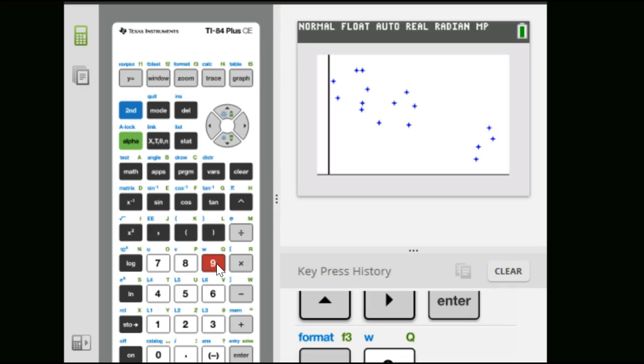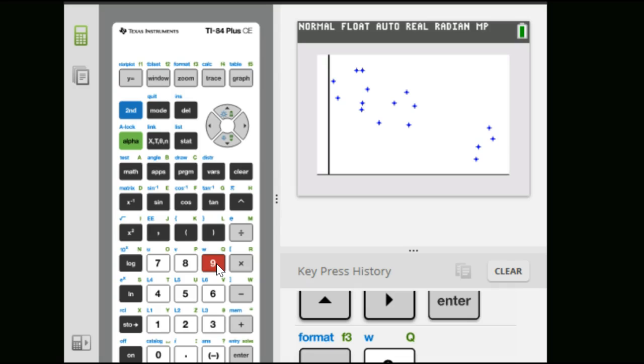There's no reason for me to think that these cars are not independent of one another in any way, shape, or form. So I think we've got linearity and independence. We have random as well. We're going to assume that these cars were selected at random from the population. So the last two are the ideas of normalcy and equal standard deviation.